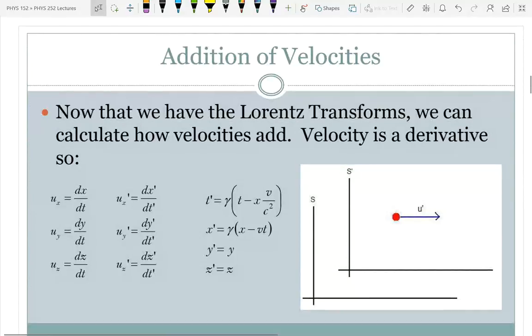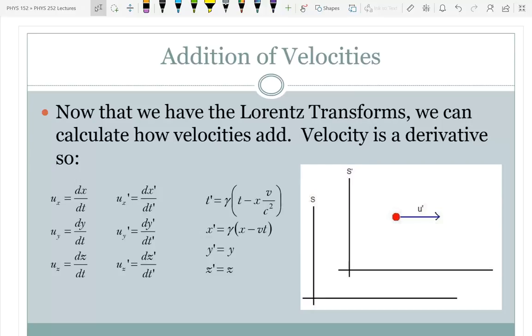Then we use those to calculate the velocity addition equations. Now our nomenclature here is different than the nomenclature we used in class, but the equations are the same. So here we had the definition that u sub x is the speed of an object in the x direction, u sub y is the speed of an object in the y direction, u sub z is the speed of an object in the z direction.